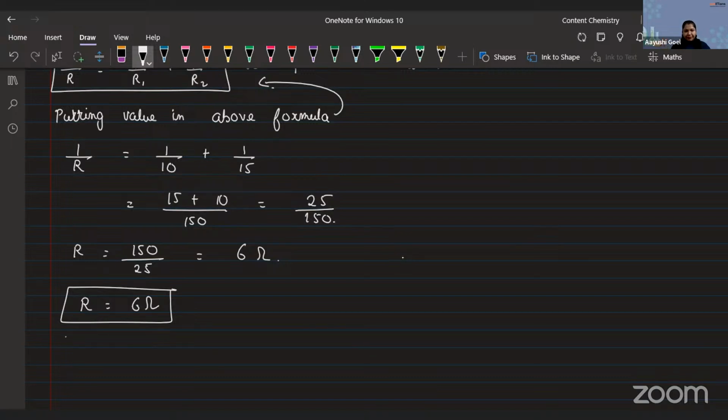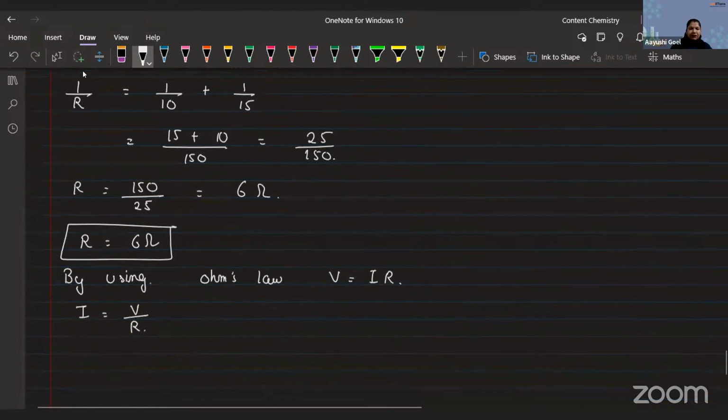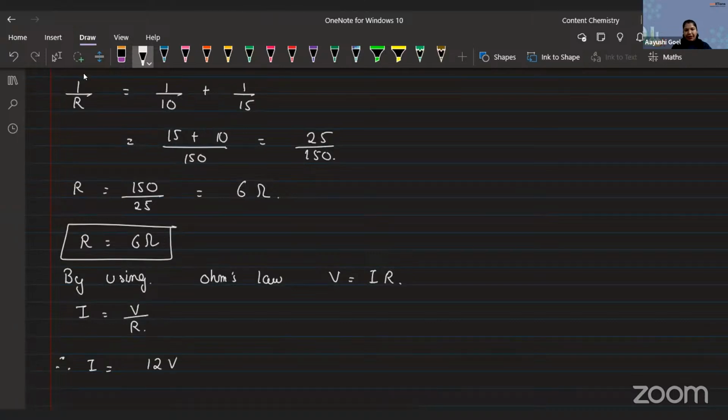Then second, by using, so I can use Ohm's law. We can say V is equal to IR. So I is equal to V by R. Therefore, I is equal to voltage, 12 volt given.